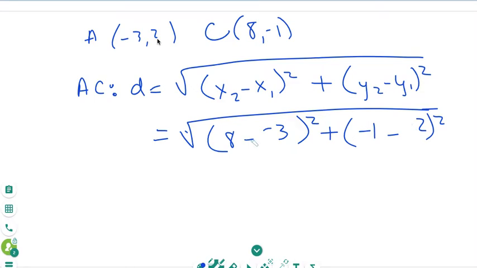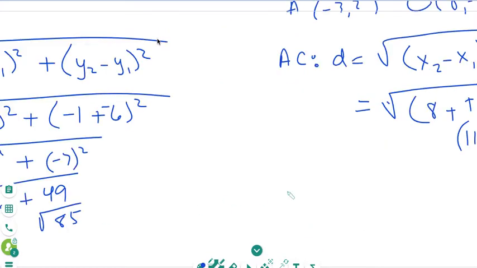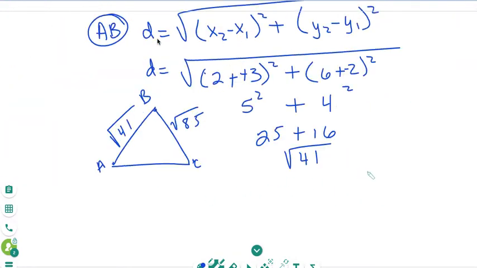So we're going to have keep change, keep change. So we have 11 squared plus negative 3 squared. 121 plus 9 is going to be the square root of 130. So this side is the square root of 130 because all three sides are a different measurement. This is a scalene triangle.